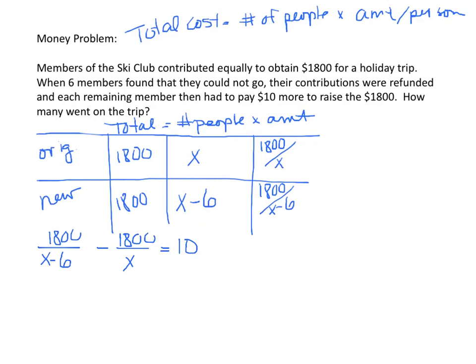My least common denominator is x times x minus 6. So on this first fraction, the x minus 6 will be eliminated, and I will be left with 1,800x. On the second fraction, the x here will be eliminated.